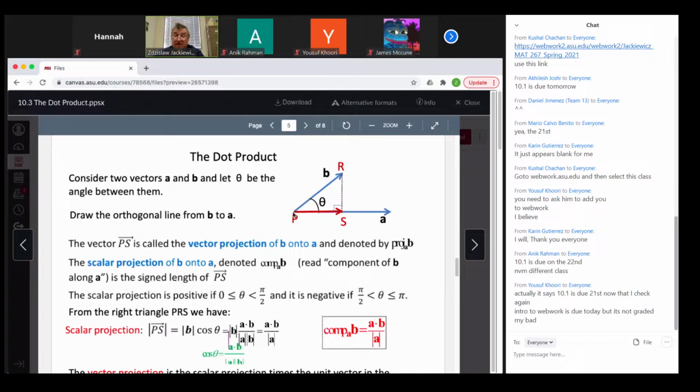So this vector PS is denoted by the projection of the vector B onto A.